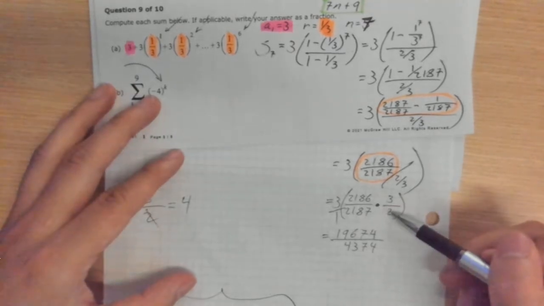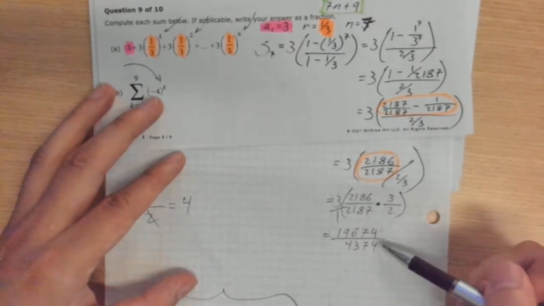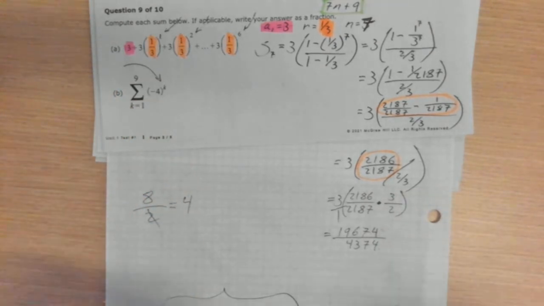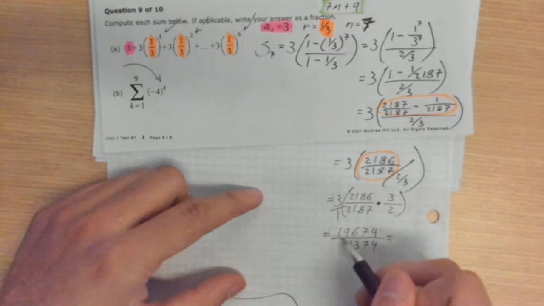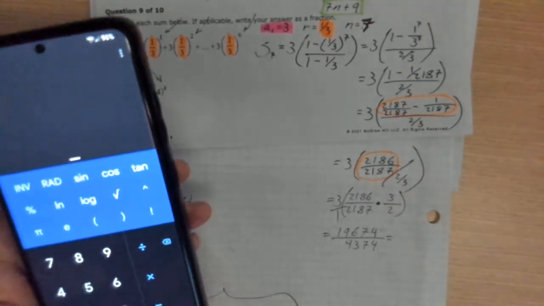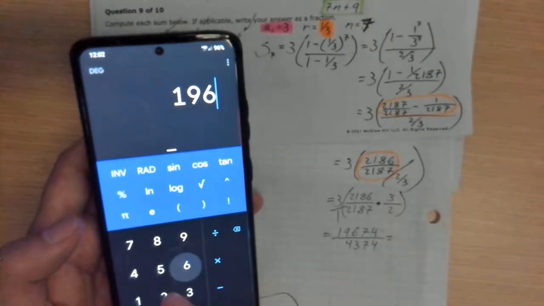Let me try to get rid of this too. Again, when you get something like this, check: the top is even, the bottom is even. That means that I can cut both of them in half. So that's what I'm going to do. I'm going to cut the top in half, and I'm going to cut the bottom in half. I can do that. That's legal, because I'm doing the same thing to both top and bottom. So the 19,674, let me divide that by 2.